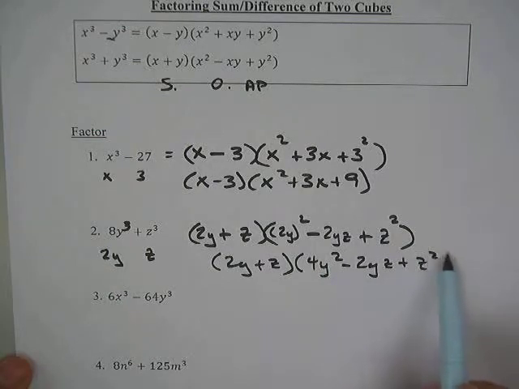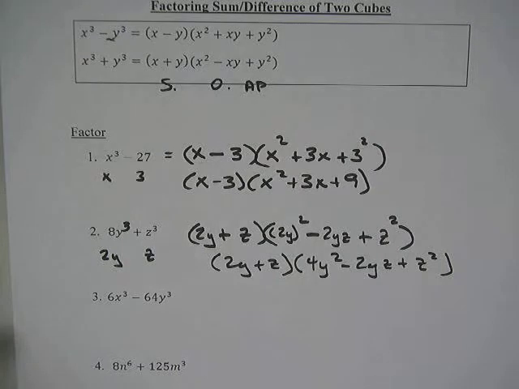This 2y squared is 4y squared minus 2yz plus z squared. And there you go. So again, as you do more and more of these, actually not that bad. Not that difficult to go about figuring out how all these things work.